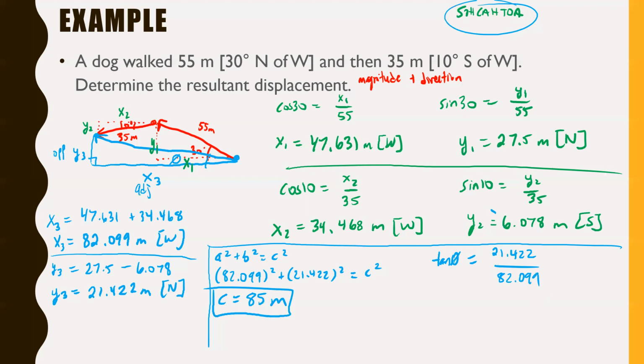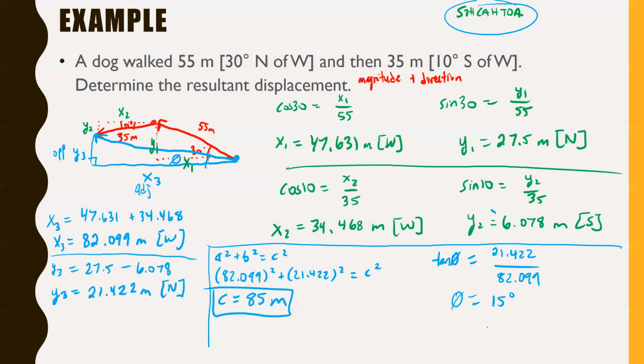Now, hopefully you remember how to dig a theta out of a tan. In order to do that, you have to take inverse tan of both sides. So theta equals the inverse tan of 21.422 divided by 82.099. And finally, rounded to 2 sig digs, we get 15 degrees.